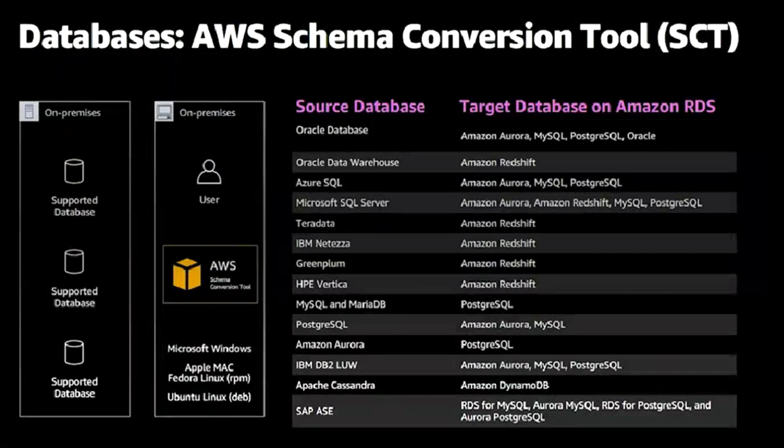Next, we are going to look at the AWS Schema Conversion Tool, which we call SCT. The good thing is it is a tool which provides vendor-agnostic database creation.